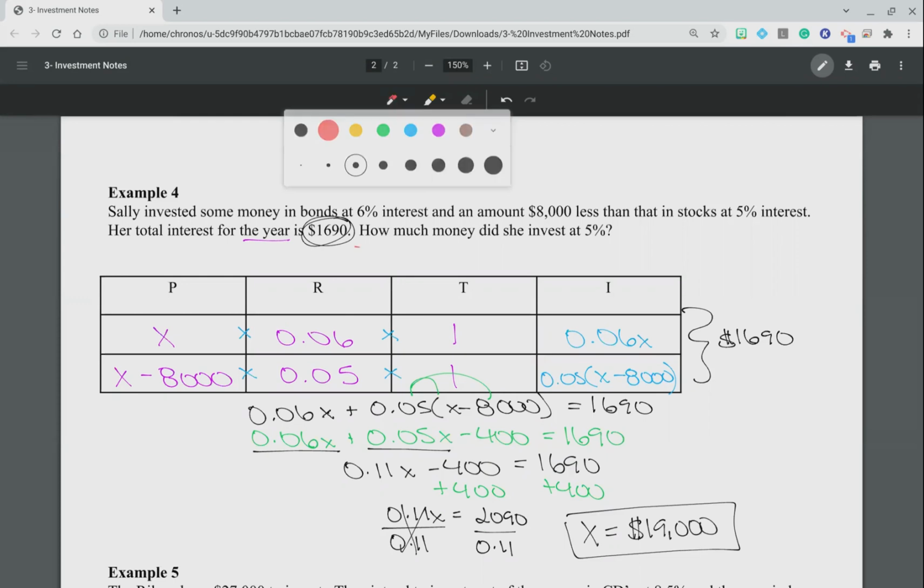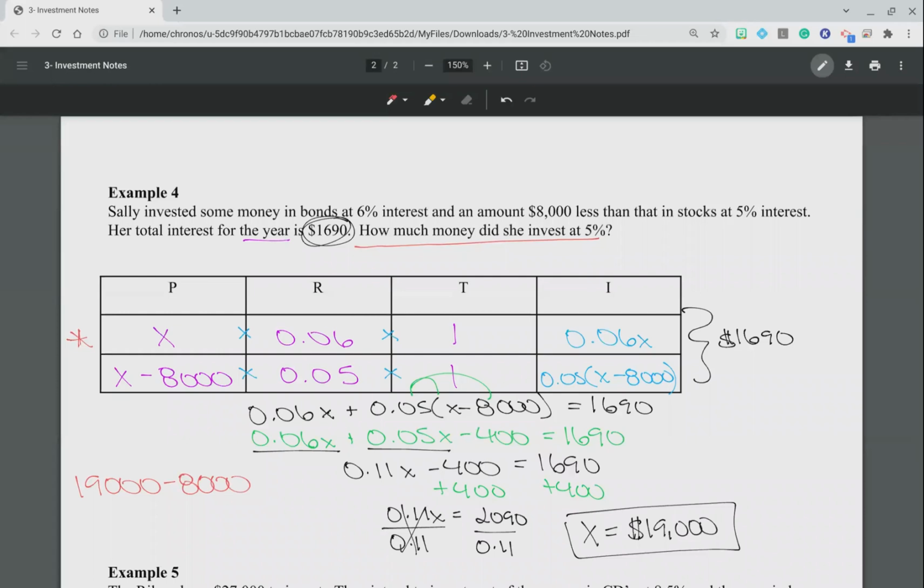Okay? Now, let's look at what the question was asking us. The question says, how much money did she invest at 5%? Well, x is equal to the amount that she invested at 6%. So to find the amount that she invested at 5%, I'm going to take my x, which was 19,000, and subtract 8,000.